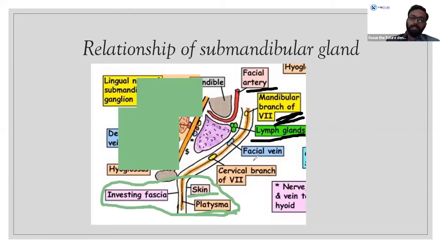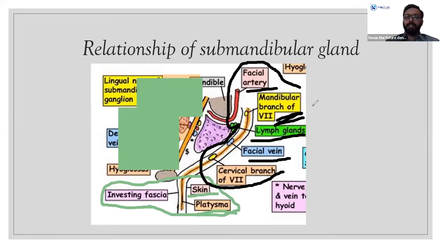Next is the facial vein. And finally, you have the cervical branch of the facial nerve. I'm going to round this entire structure, and all you need to study is the facial nerve, facial artery, and facial vein.